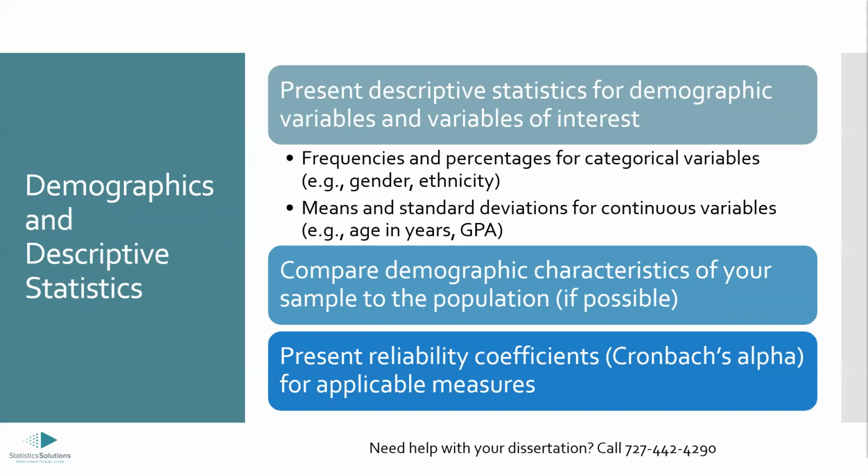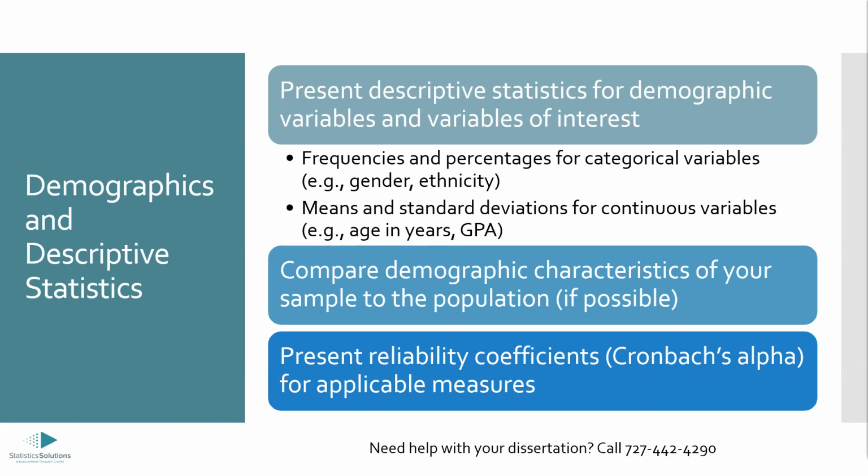And if possible, you may want to compare the demographic characteristics of your sample to the population. There are some schools that require this information in the results section. So if you do have demographic information from the population, you can compare your demographic characteristics in your sample to see how close your sample represented the greater population.